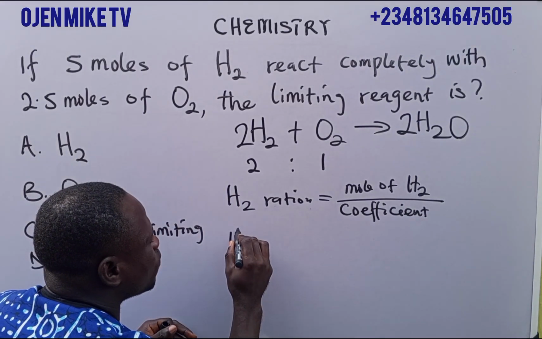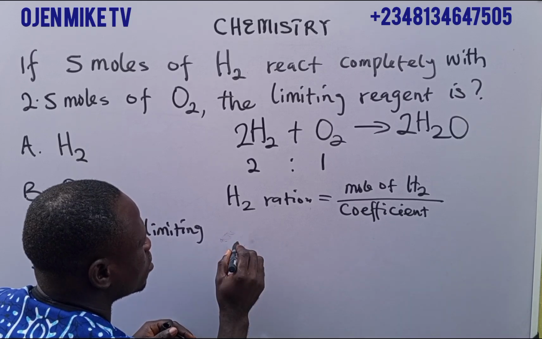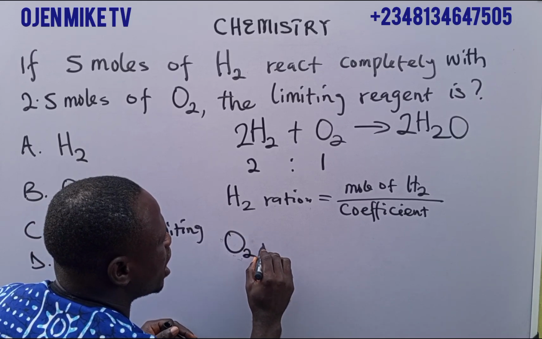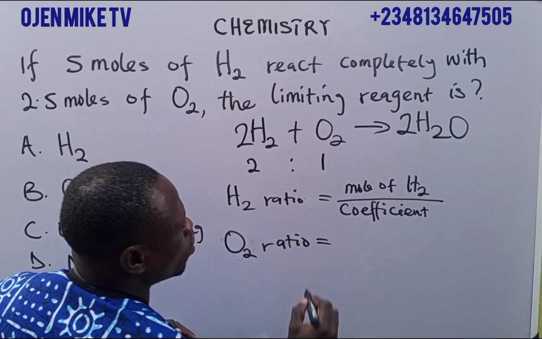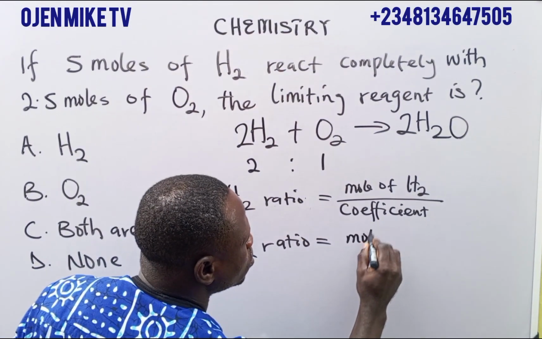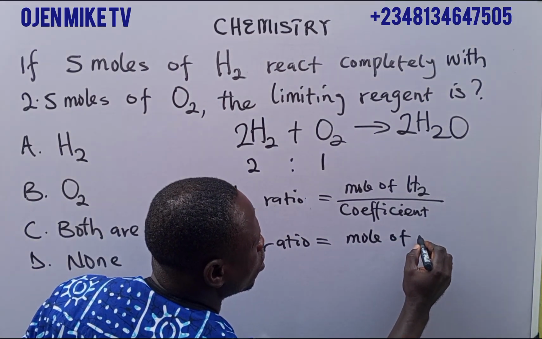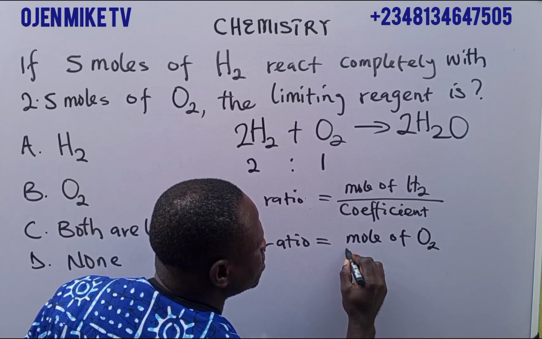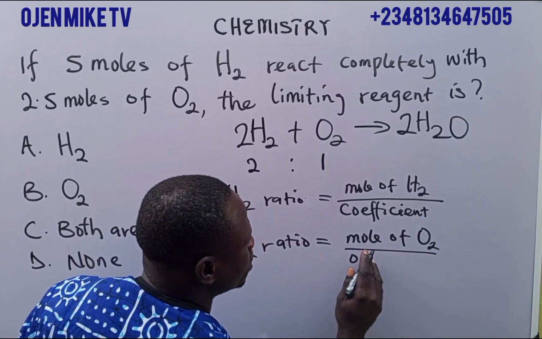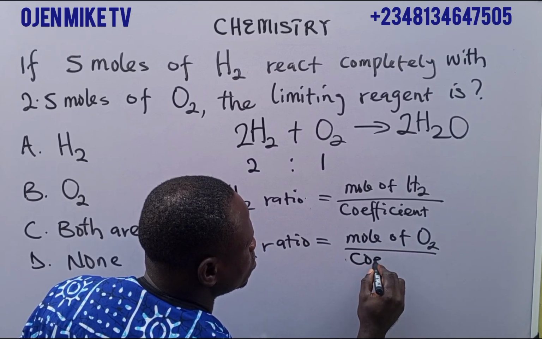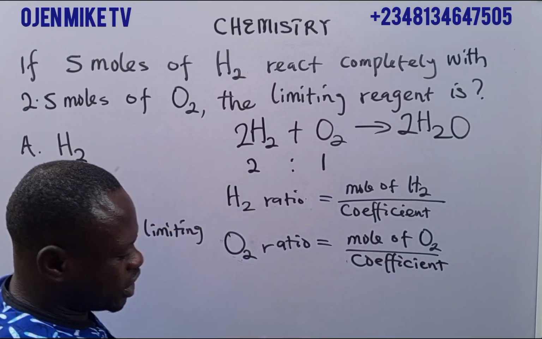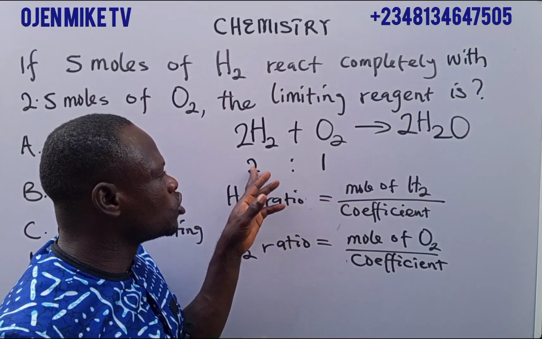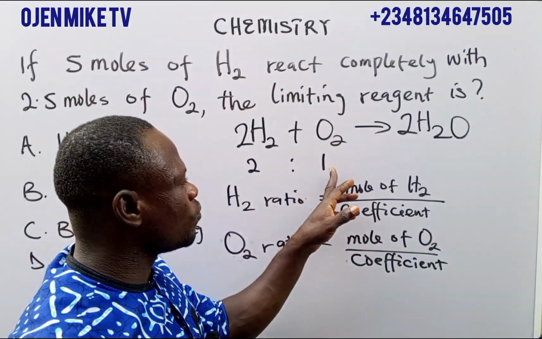Come to the mole of oxygen gas. Oxygen gas ratio is equals to the mole of oxygen gas divided by the coefficient. The coefficient is your mole ratio. Look at the mole ratio of hydrogen, it is 2. The mole ratio of oxygen is what?